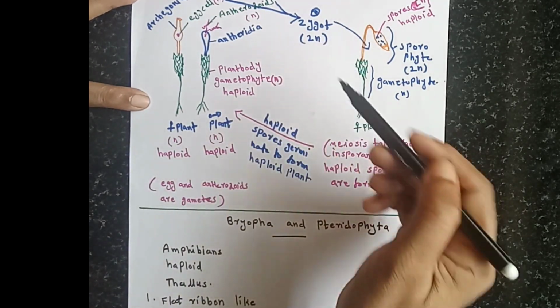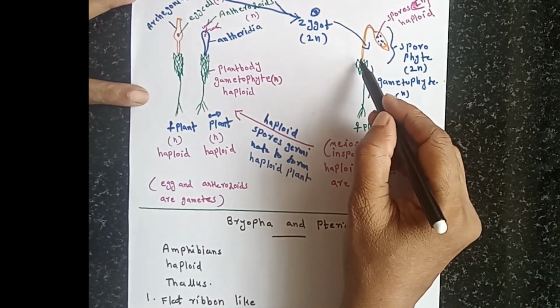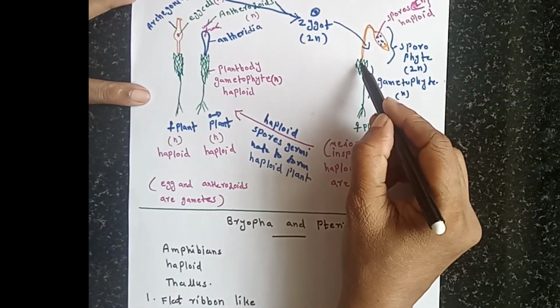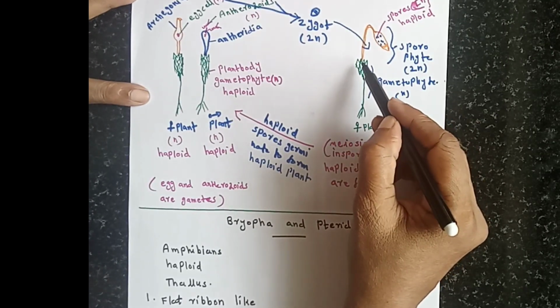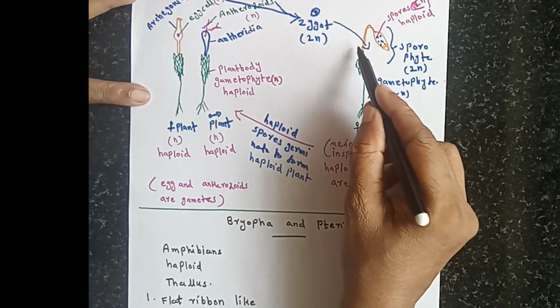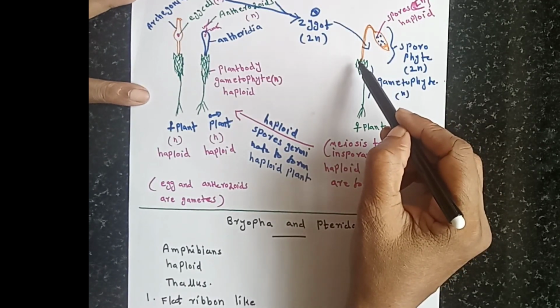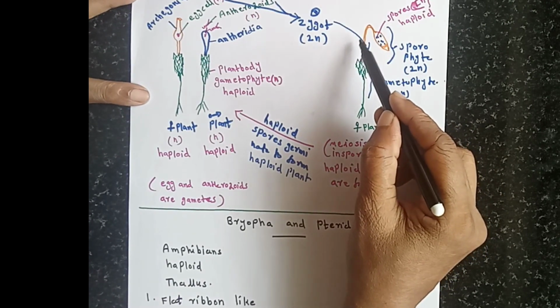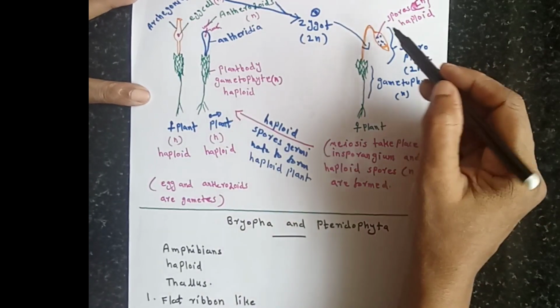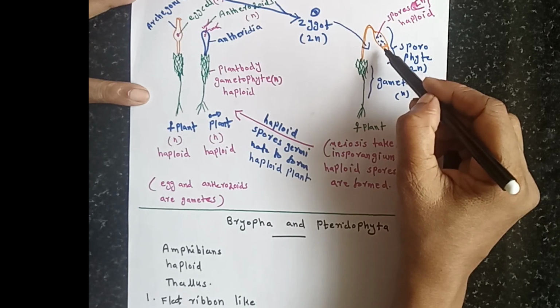This diploid zygote develops from the female gametophytic plant part. It germinates on the female gametophytic plant part. Then this zygote produces the diploid sporophytic part.